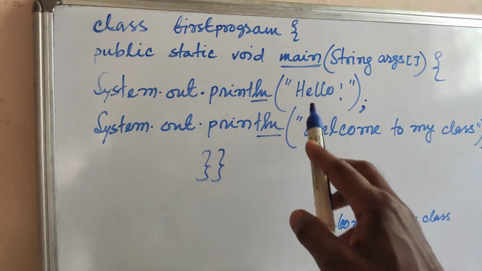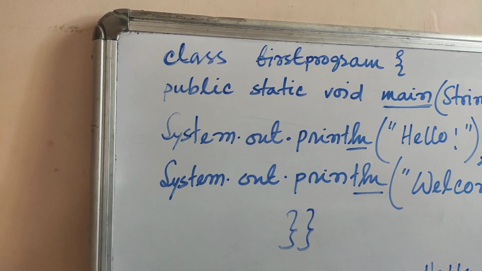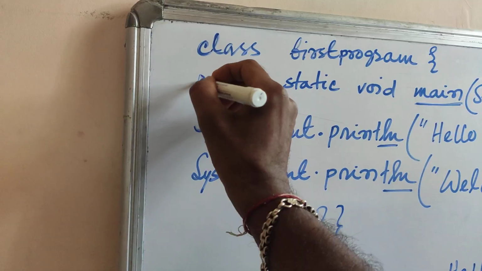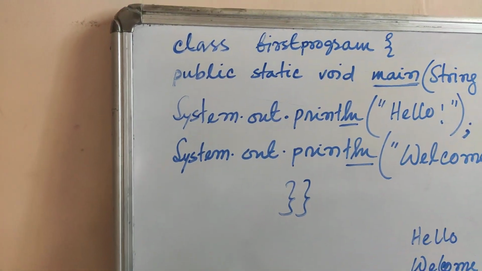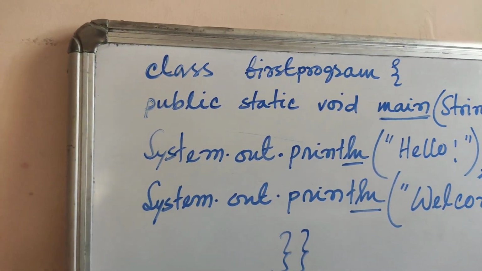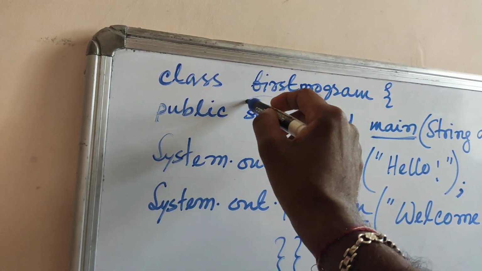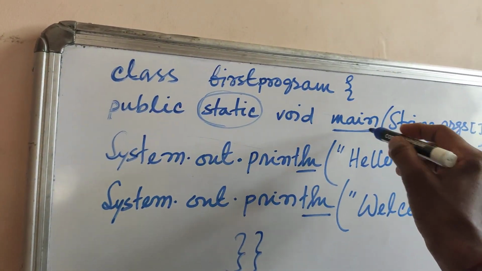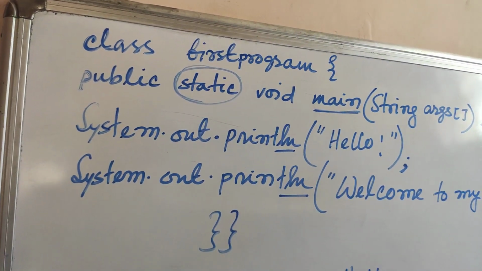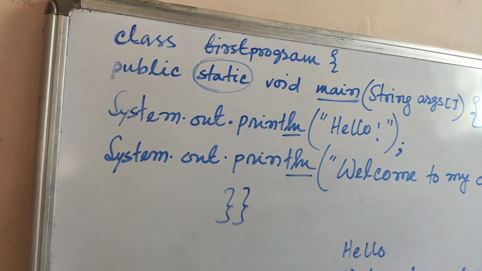When you write it, public is an access specifier. Public, private, protected, all these are access specifiers, but I am using public here. When you use static, then main is treated as an object; the computer creates it directly.